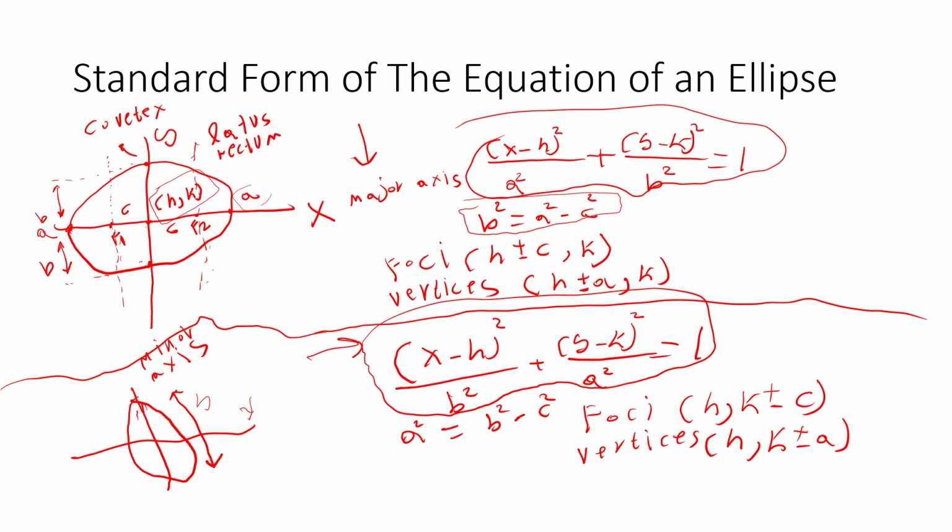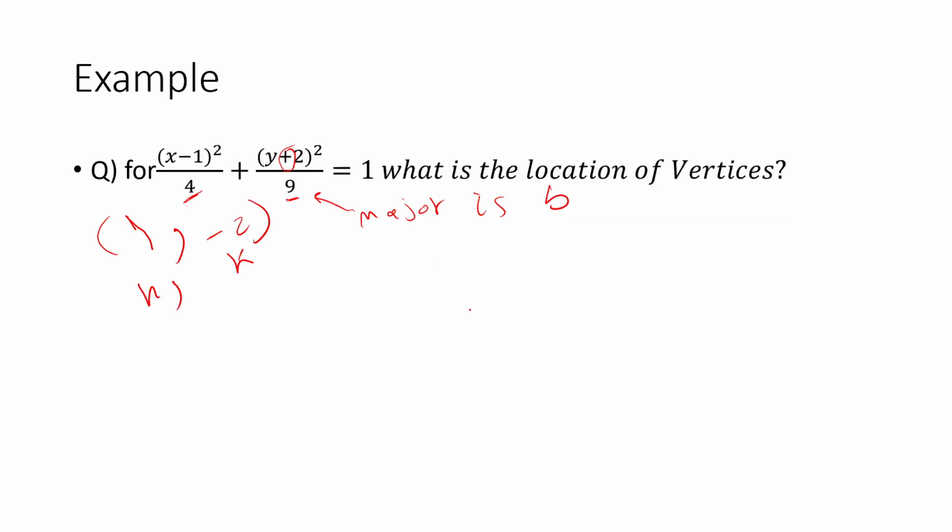So using this formula, let's go and write it down here. We have (x minus h) squared divided by b squared plus (y minus k) squared divided by a squared is equal to 1.